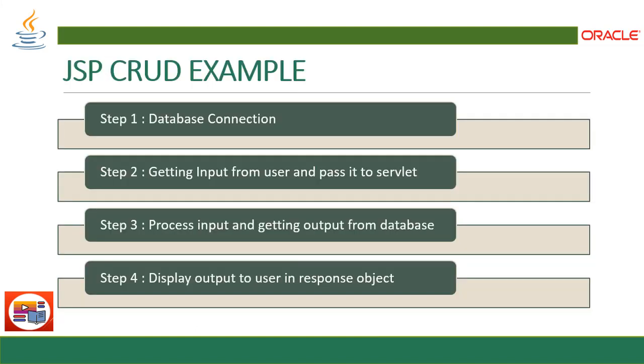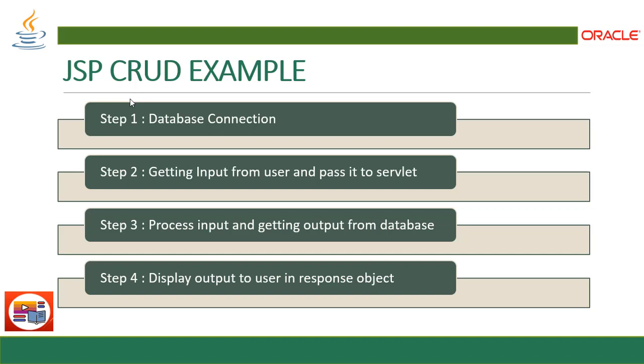Now let's take a look at the CRUD example. To implement the CRUD example, basically what you have to do is, step 1, connect to the database. Once the database is connected, second step, you need to get the input from the user and pass it to the servlet.